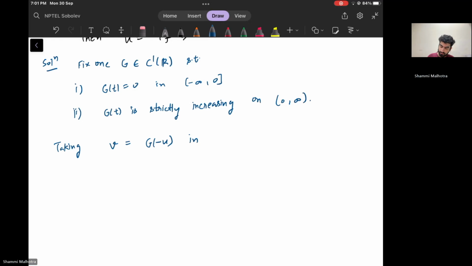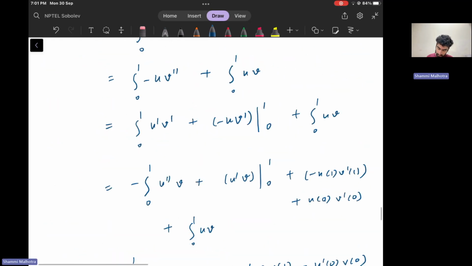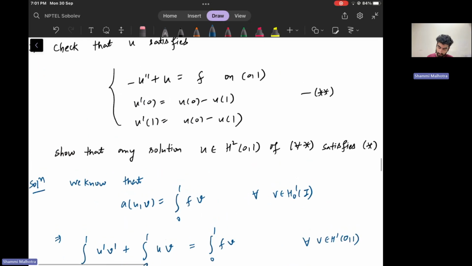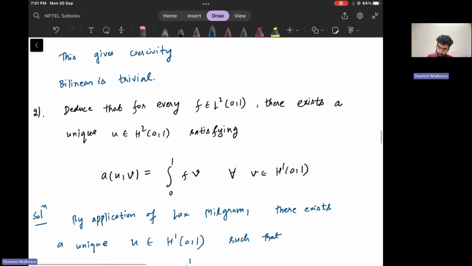we have to take this in this equality, where I know that my u satisfies this thing.